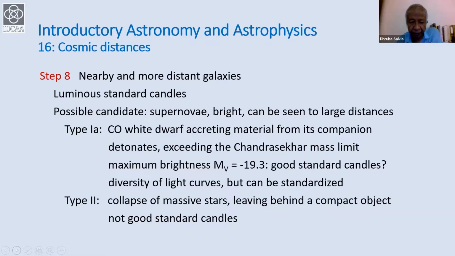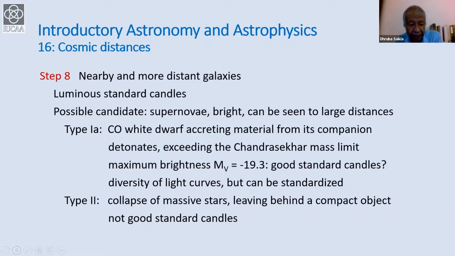We'll come to absolute and apparent magnitude in a short while. And these could be good standard candles. Okay, there is a diversity of light curves, but one has to see if those can be standardized or if there is any way one can understand that. The type 2 actually leaves behind a compact object like a neutron star, for example, or a black hole.